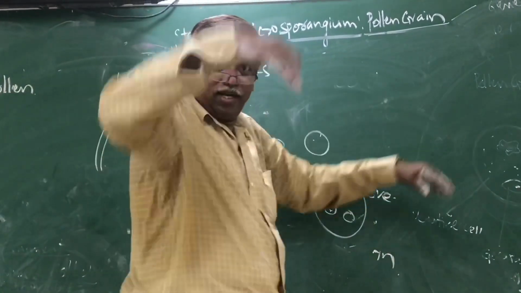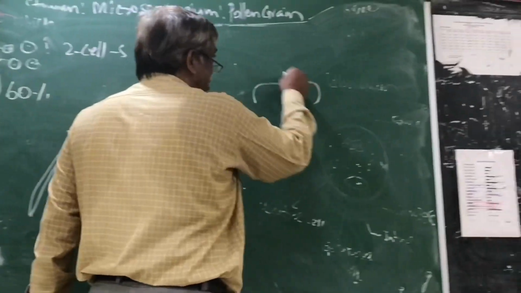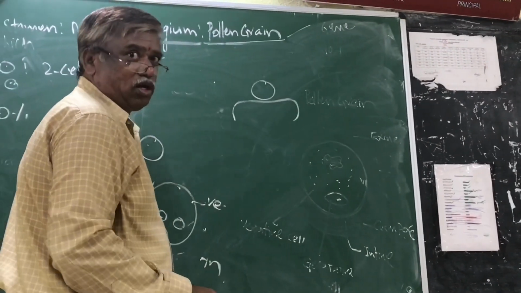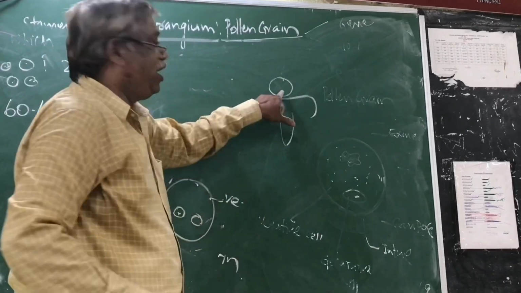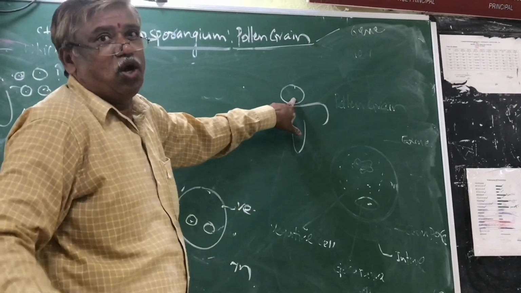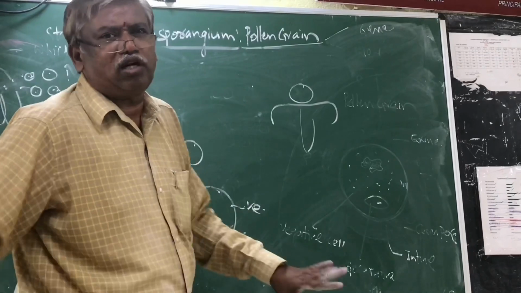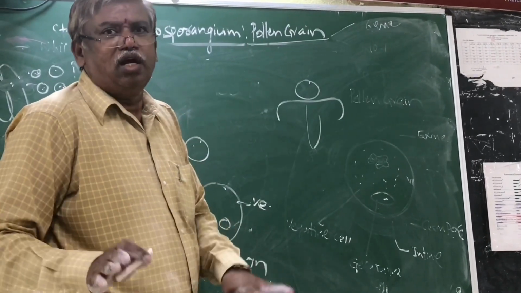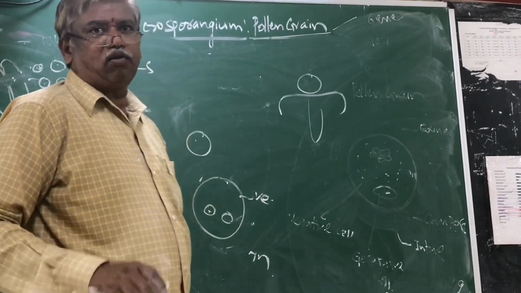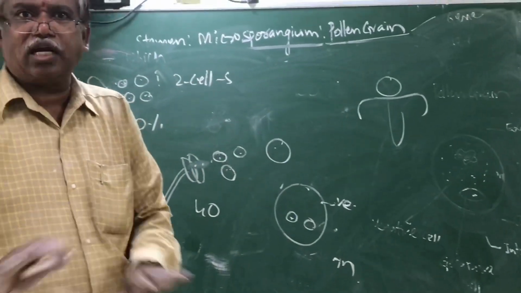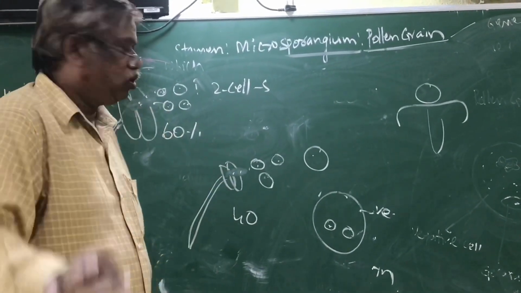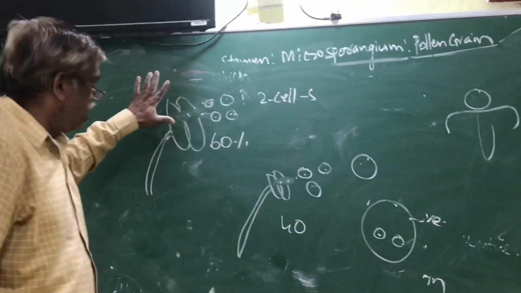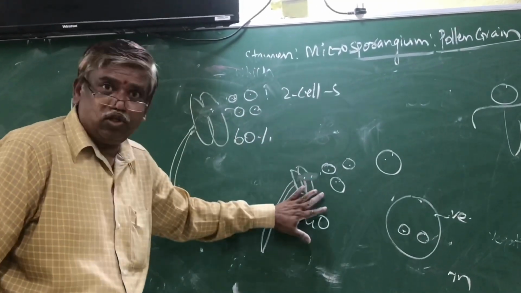When the two-cell pollen grain reaches the stigma, it undergoes division to become three cells. The two-cell stage must become three-cell. Without three cells, there is no fertilization; double fertilization does not occur. Lastly, I am saying the differences. It is an angiosperm anther, and it is also an angiosperm anther.